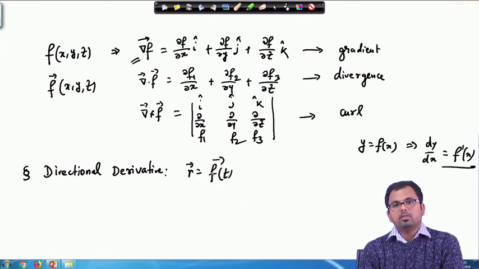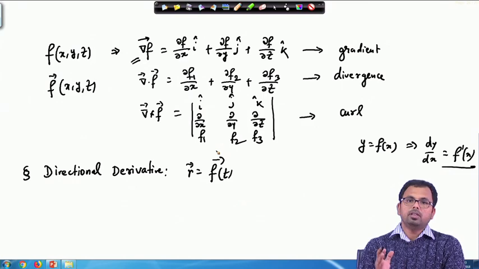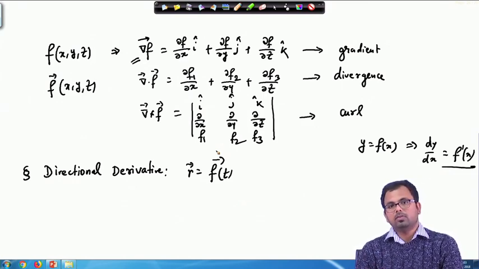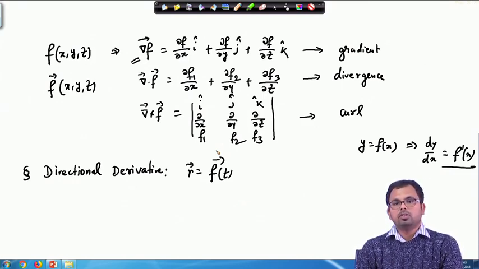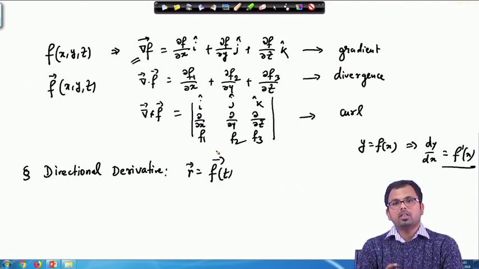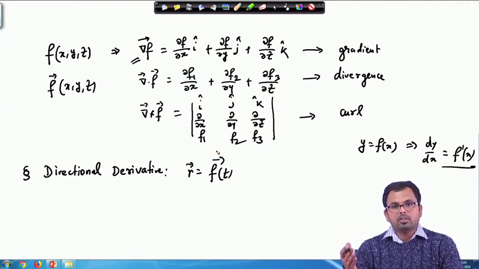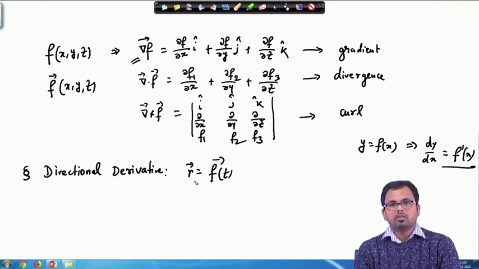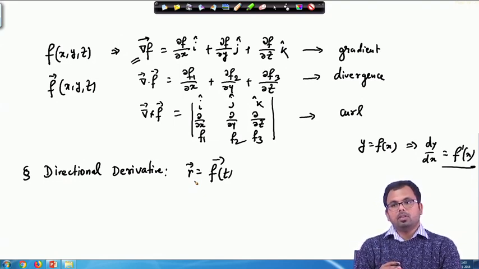Now in case of vector functions, let's say we have r equals f of t. When we differentiate this one, we can talk about a direction in which this vector function is differentiable: whether it is differentiable along the x axis, y axis or z axis, or along any vector which is not the x, y or z axis. So we can talk about its derivative along a certain vector, and that derivative is called the directional derivative.